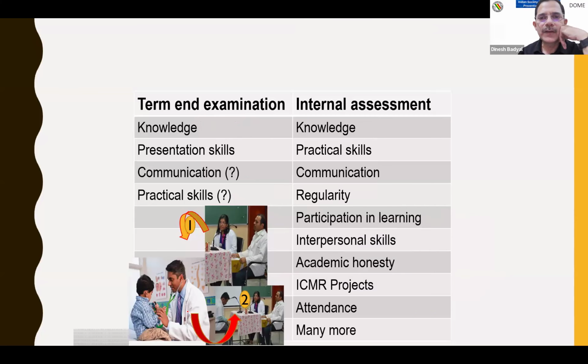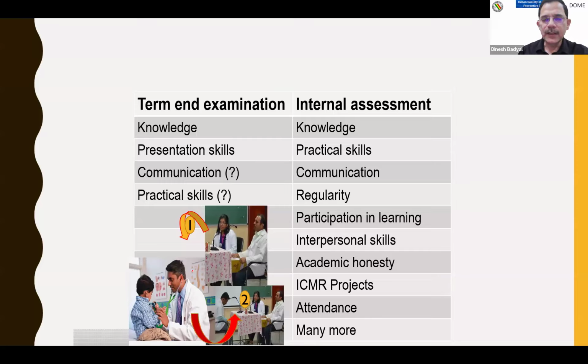On the internal assessment side, which is throughout the year, let us see how many of these we can look at. We can actually look at many components in the internal assessment period, like knowledge, practical skills, communication, regularity, participation in learning, interpersonal skills, academic honesty, ICMR projects, attendance, and many more.